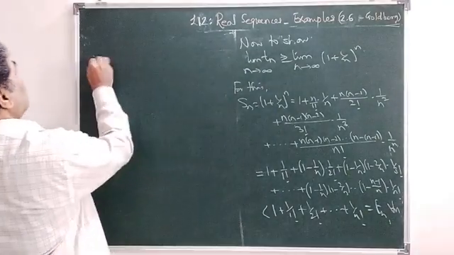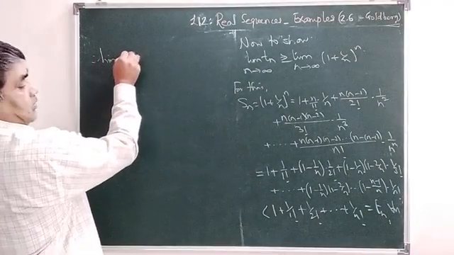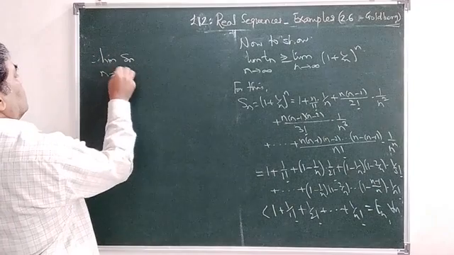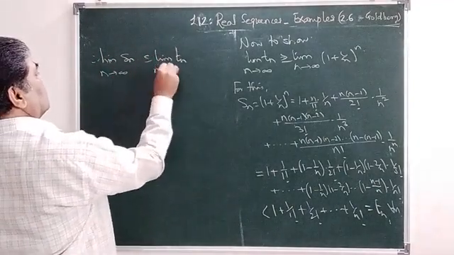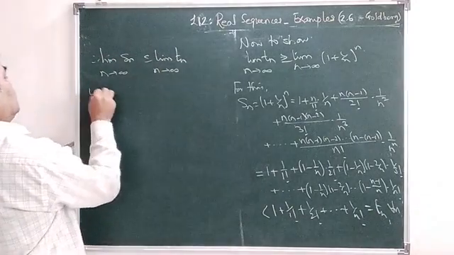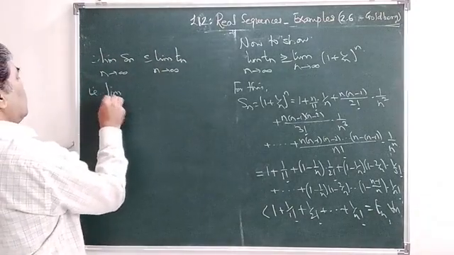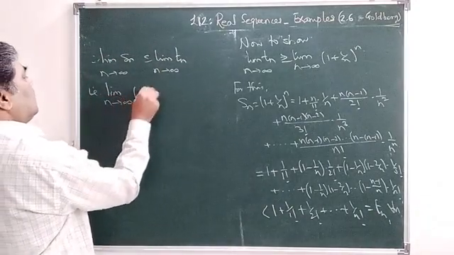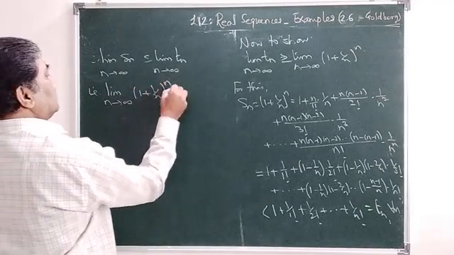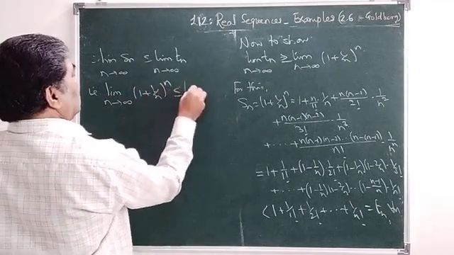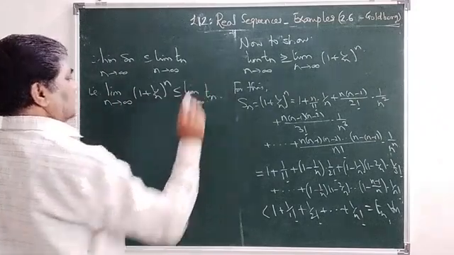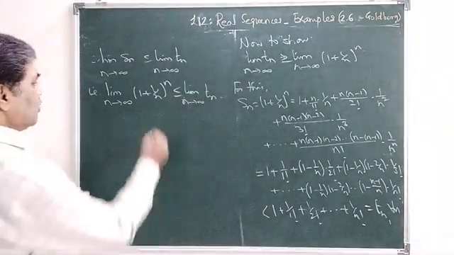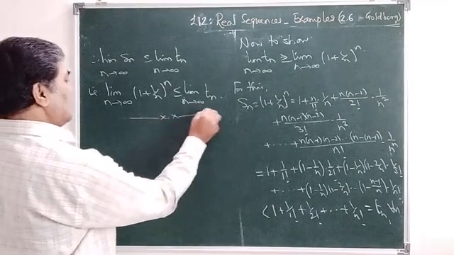And therefore, limit Sn is less than or equal to limit of Tn. That is, limit n tends to infinity of 1 plus 1 upon n raised to n is less than or equal to limit of Tn. So, hereby our part is over.